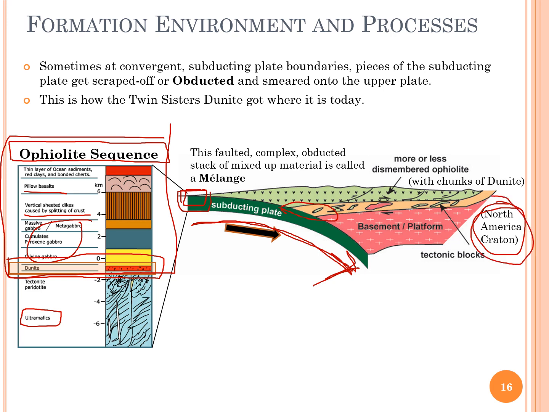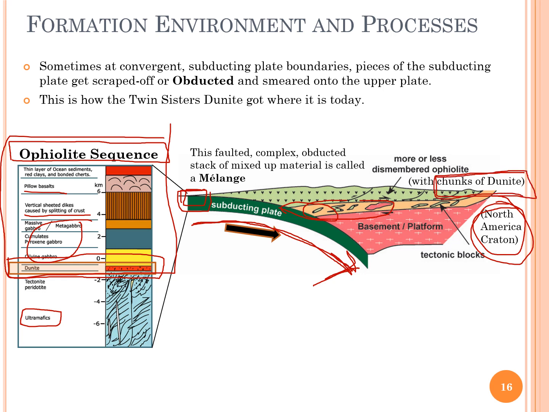And this ophiolite sequence is oftentimes scraped off and obducted, meaning that it's put on top of the continental plate that the oceanic plate is diving down below. So this obducted or scraped off material contains pieces of this ophiolite sequence. And guess what? In that ophiolite sequence, like we just talked about, were chunks of this dunite.